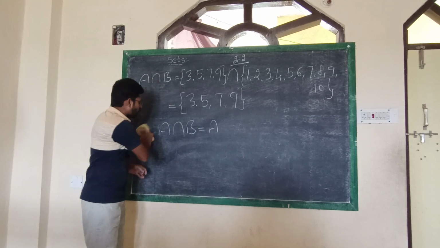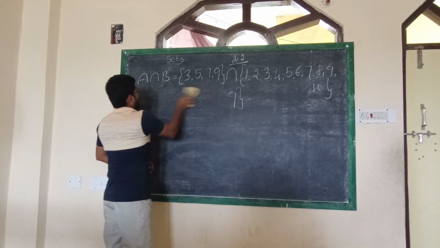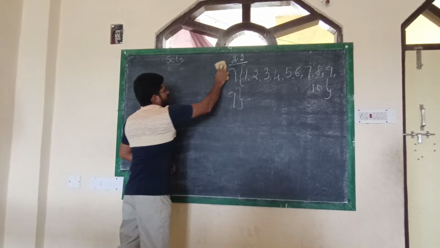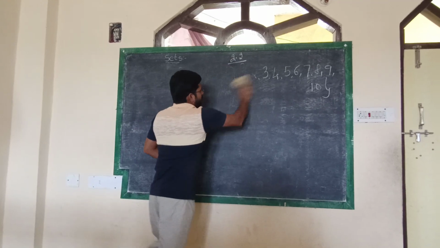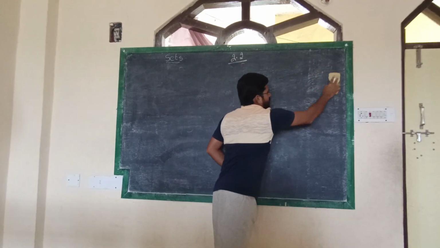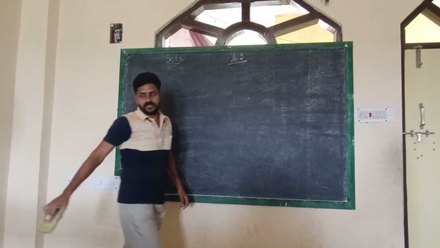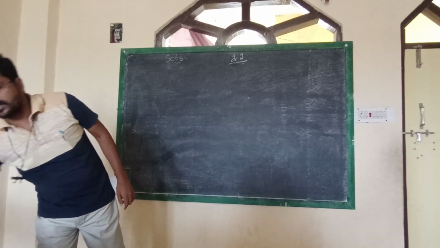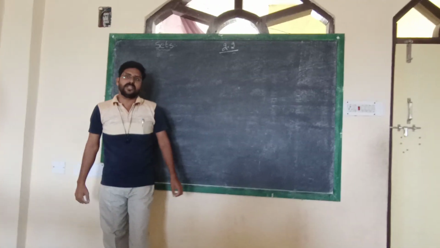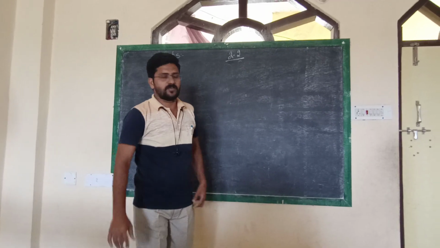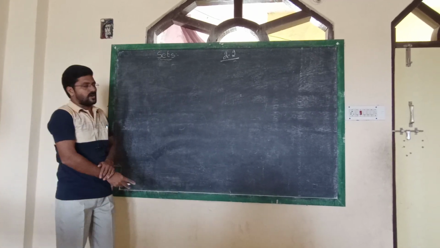In this same way we have one more concept, that is Venn diagrams. So here, what is a Venn diagram? Right now we discuss unions, intersections, and the difference of two sets we discuss. The same sets, if you want to represent in Venn diagram, how we can represent, just we discuss now.